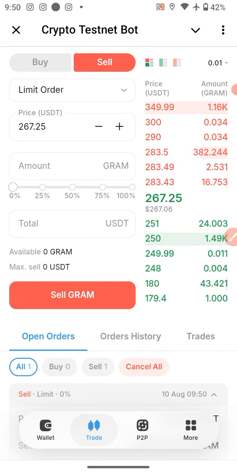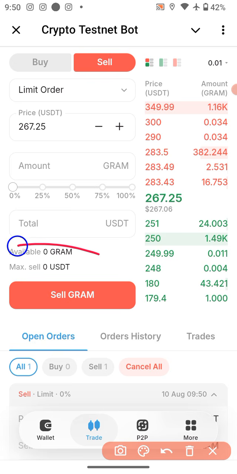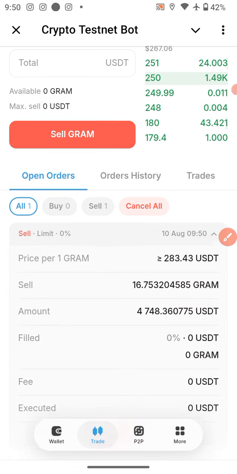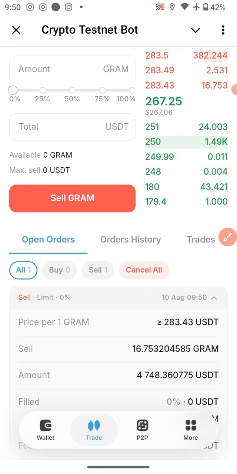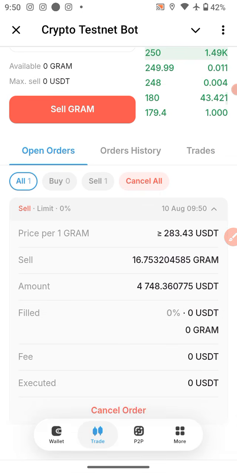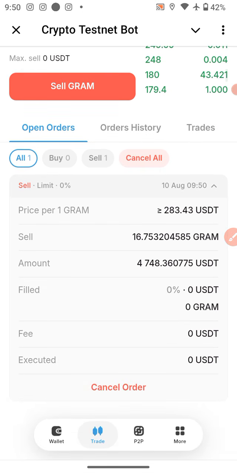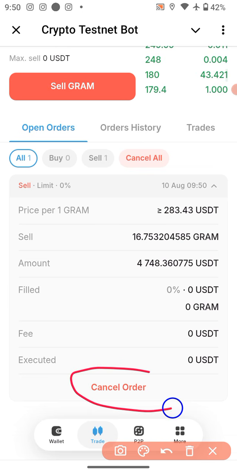Before, I had some coins inside of this gram wallet, but now I've just placed a limit order, I got deducted, even though it has not been executed. But if I want to cancel this order right now, what I'm going to do is click on cancel order. So when I click it, the order gets cancelled immediately.